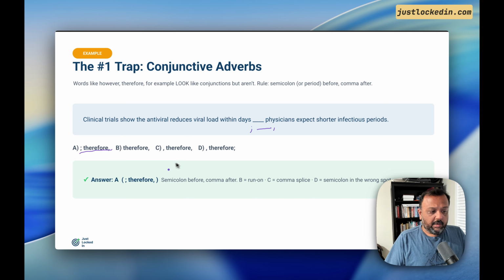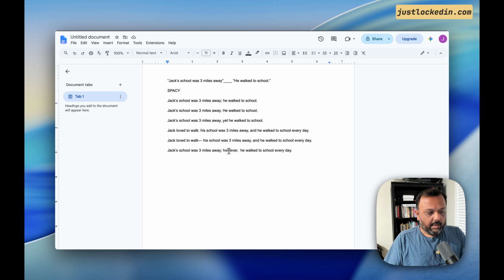However is not the only conjunctive adverb. There are other such words as well. For example, in this case, Jack's school was 3 miles away. You could actually say, nonetheless, he walked to school every day.